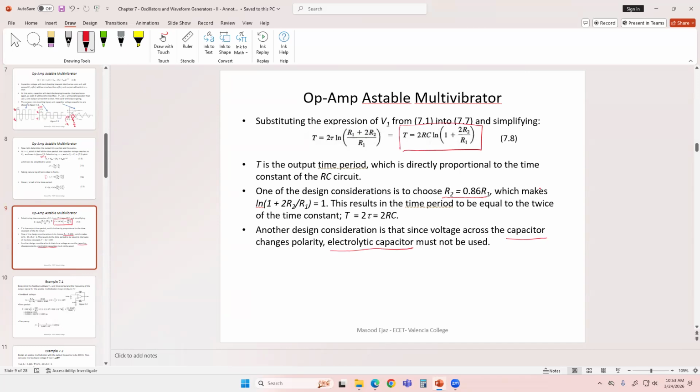Ceramic must be used, which can handle the polarity changing. The statement that an electrolytic capacitor must not be used is correct, and ceramic must be used.